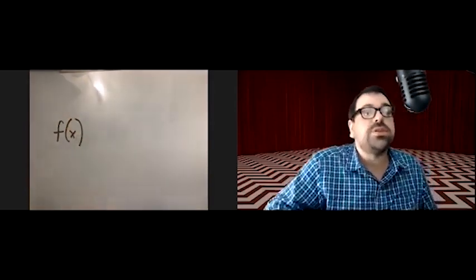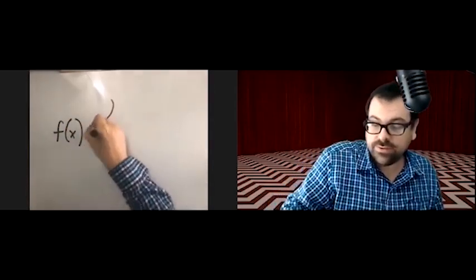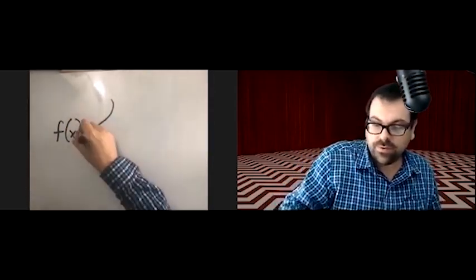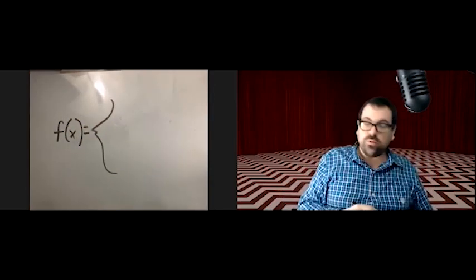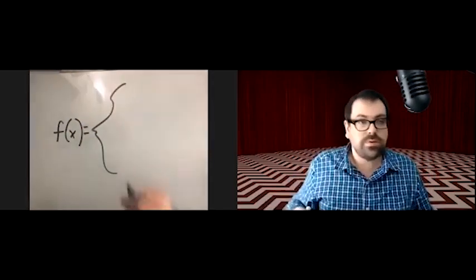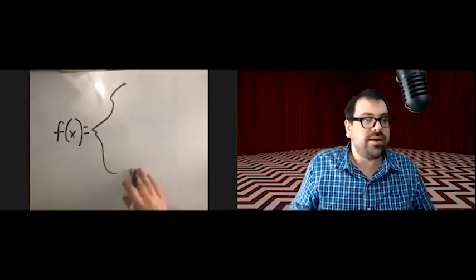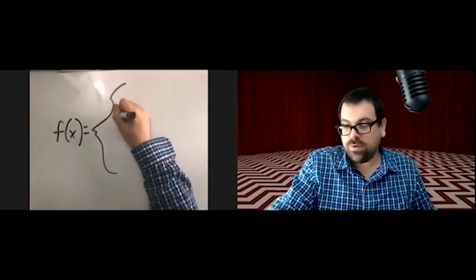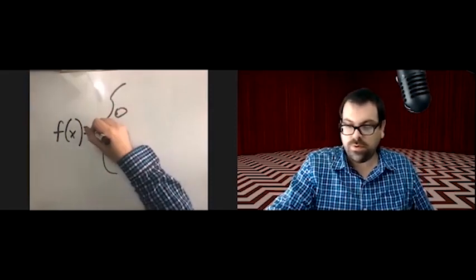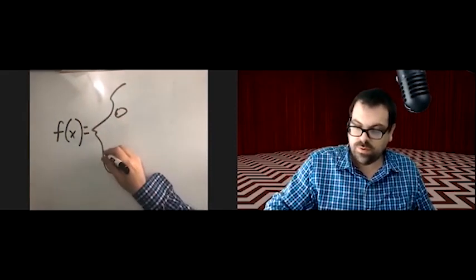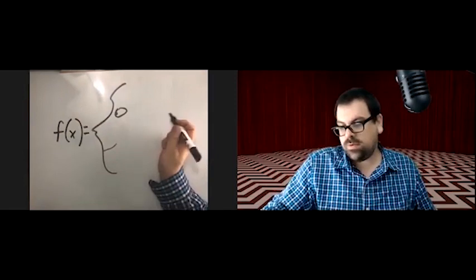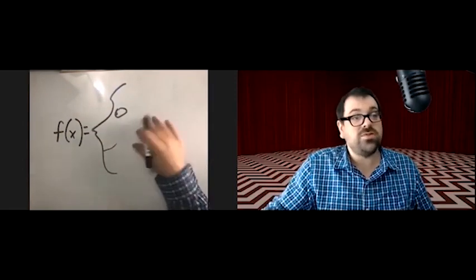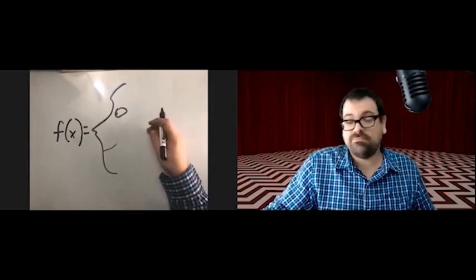So imagine this was our function, f of x equals, and then this is not a face. It looks like a face. Hello. For someone who can't draw, that's a pretty nice face.